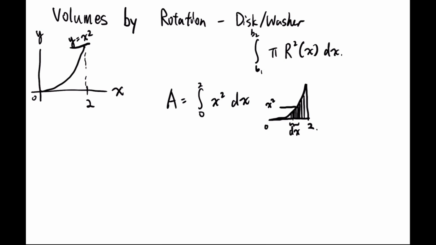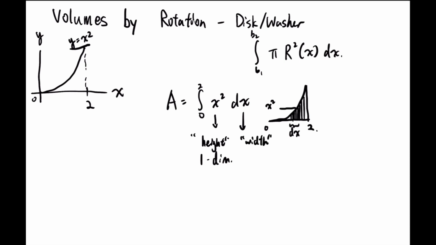So you took a one-dimensional value, the height of the rectangle, right? This is one-dimensional. You multiplied it with an infinitely small width of the rectangle, and this would give you area, which is a two-dimensional value.